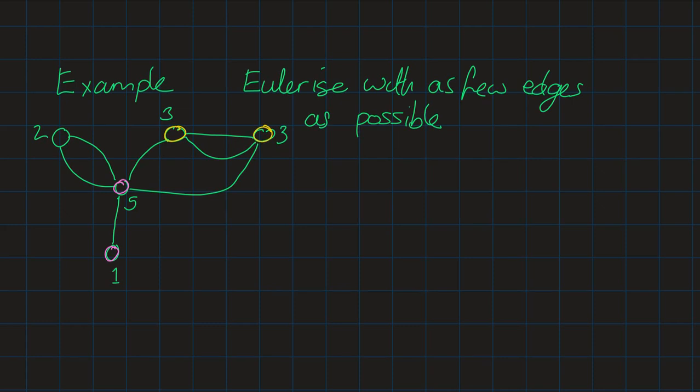Now I'm going to choose a path between them and duplicate all the edges along that path. For the pink vertices, there's only really one choice. So I'm going to duplicate this edge here. I duplicated the edge between the two pink vertices. For the yellow vertices, I have two choices of which edge to duplicate. It doesn't matter too much which one I chose.